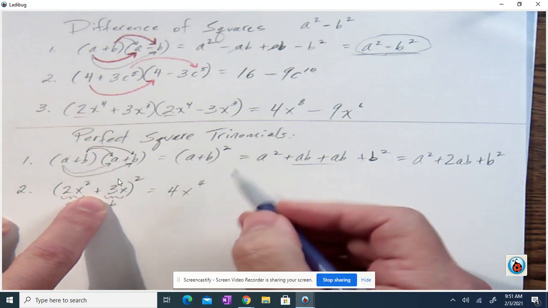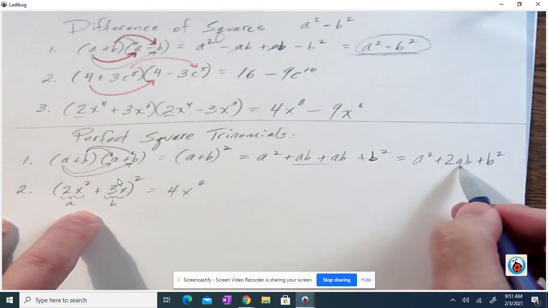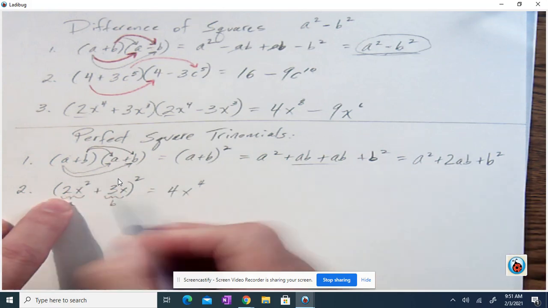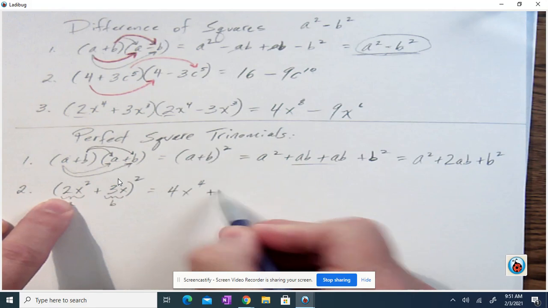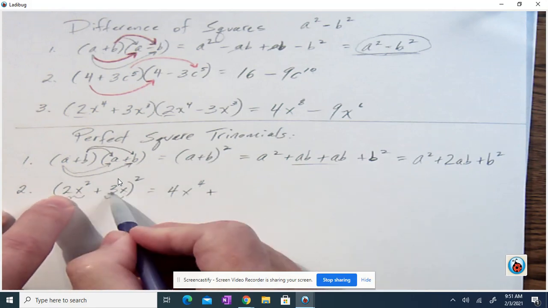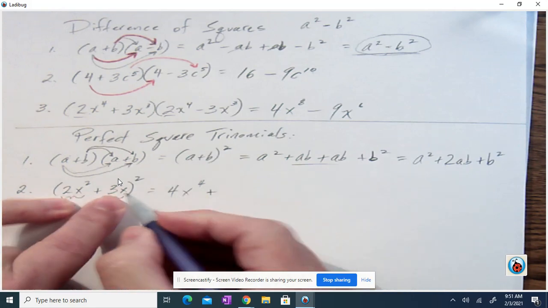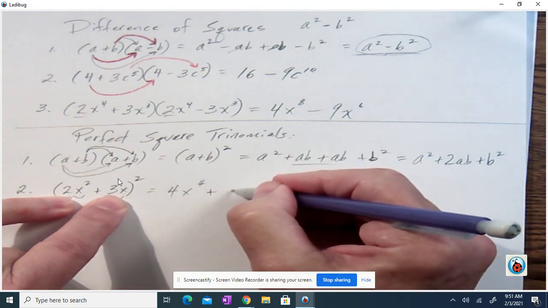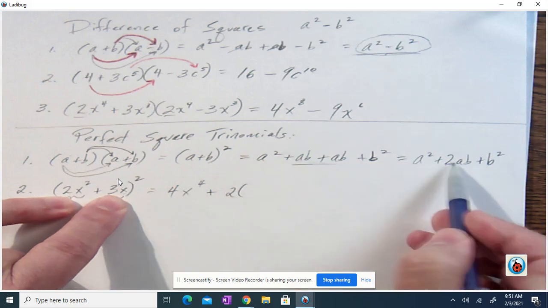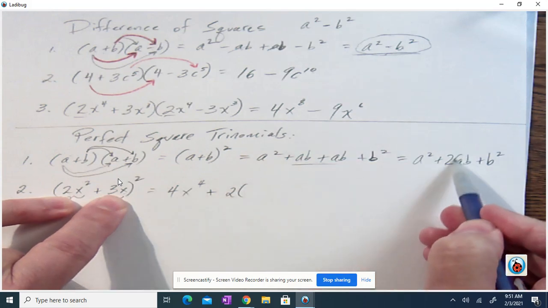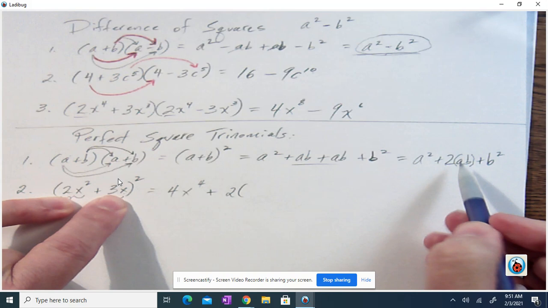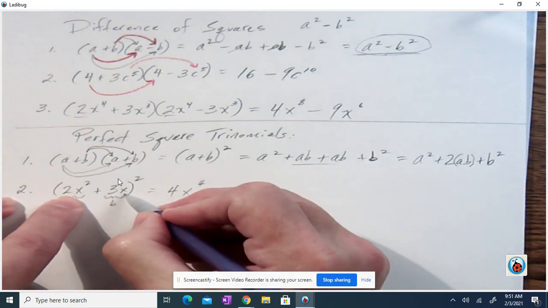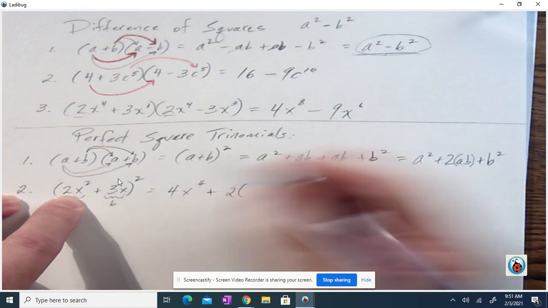And then this middle one is just the product of these two doubled. If I multiply these two together, 2 times 3 is 6, so you're going to double that to 12. So 2x squared times 3x is 6x to the third.